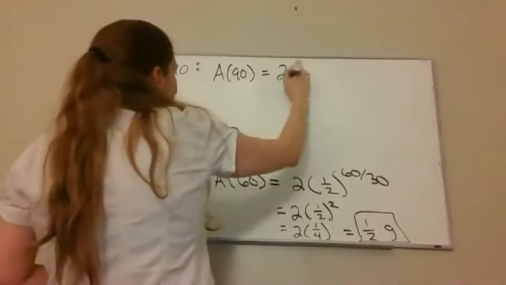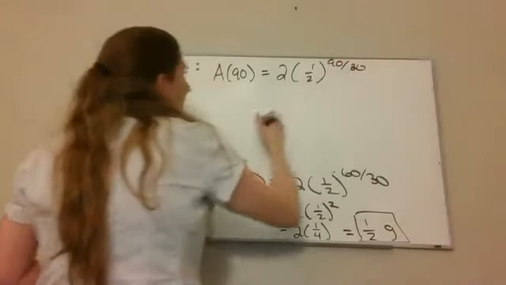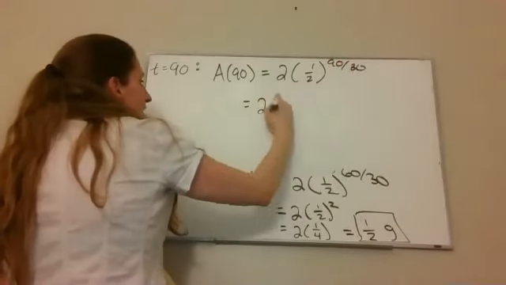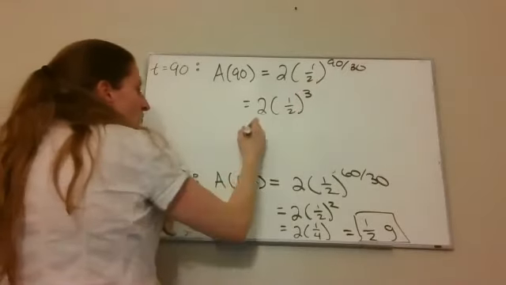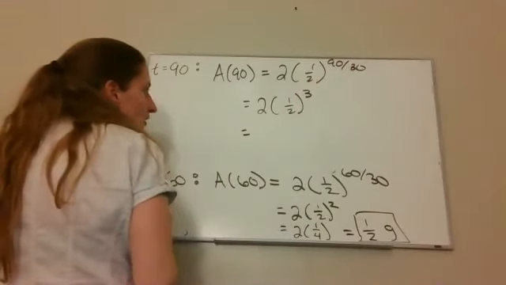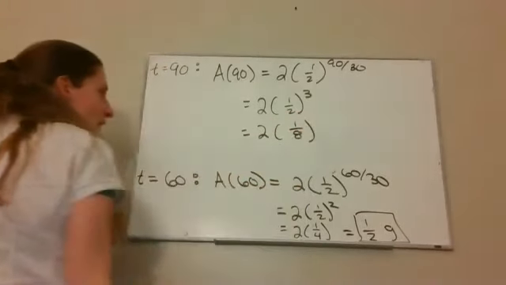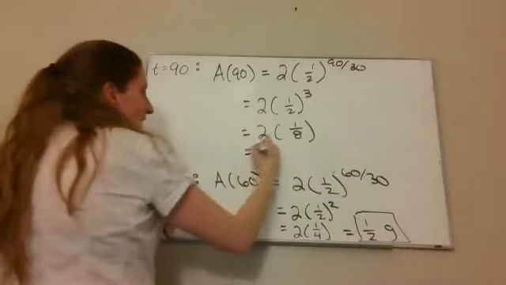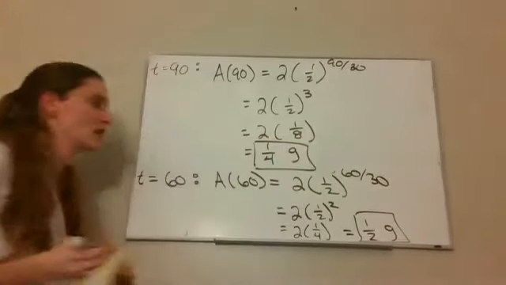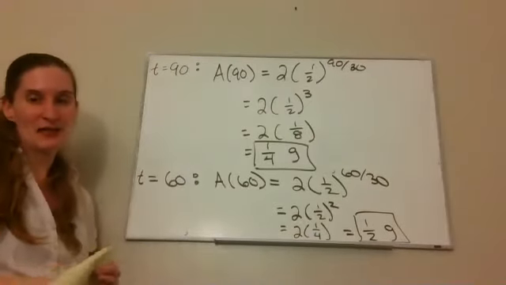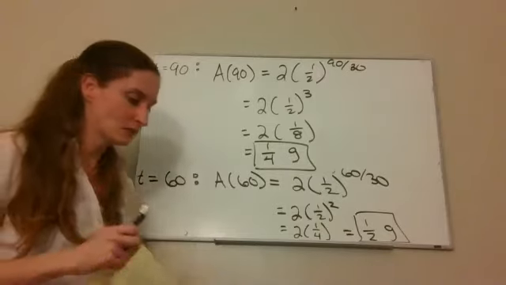A of 90 is 2 times 1/2 to the 90 over 30 power. 90 over 30 is 3. So I have 2 times 1/2 to the 3rd. Well, 1/2 to the 3rd is 1/8. And 2 times 1/8 is 1/4 grams left. So again, it got chopped in half again. Every 30 years, that amount is going to get chopped in half.